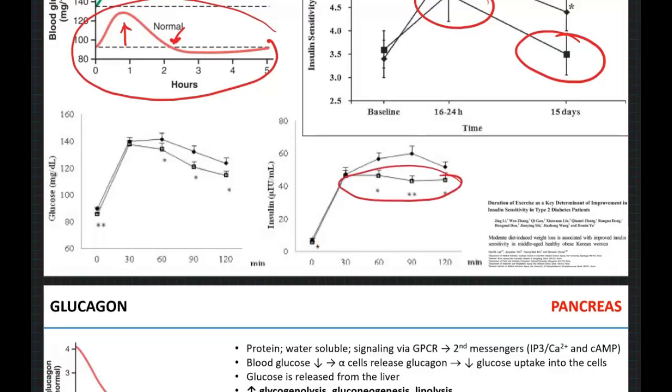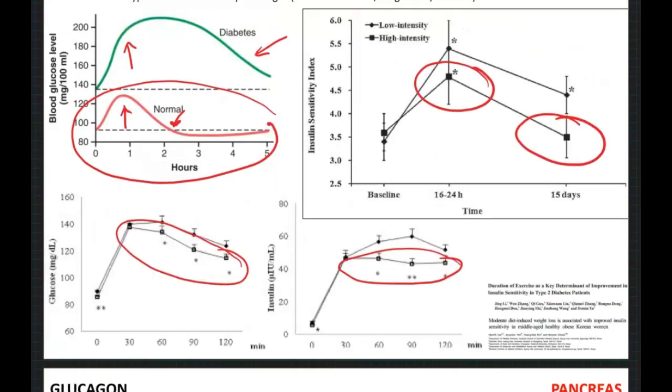Both of these data show that the exercise intensity and time are critical, okay? And actually people with type 2 diabetes, if they wish, can control their blood glucose by maintaining a certain type of diet and exercising, and doing stuff like that.